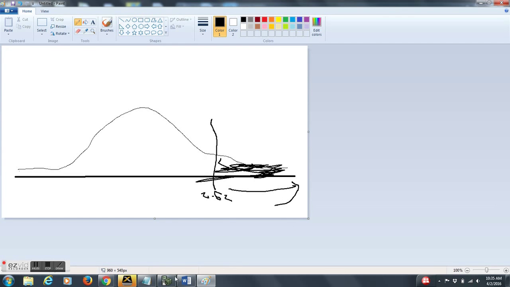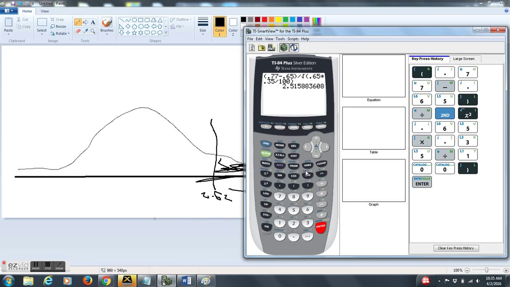I'm really bad at drawing, but it doesn't really matter here. I go to my normal distribution, normal CDF, just like we did back in chapter 5, and I go from left to right, from 2.52 off to something big.